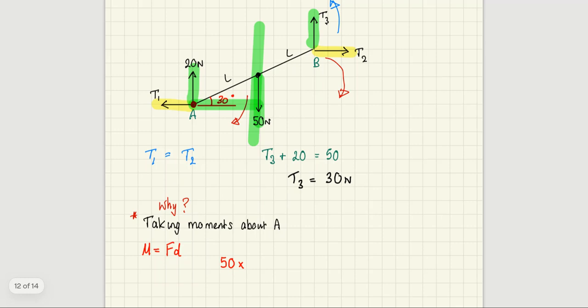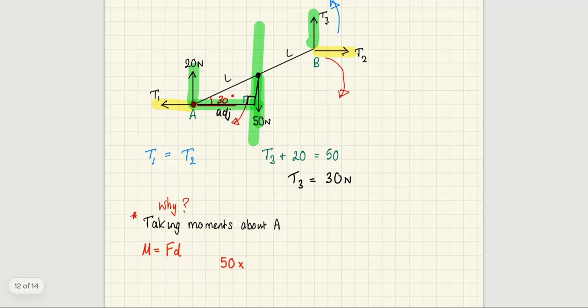What is that distance? Well, this distance along the rod is L, that takes me to the center of mass. This is a right angled triangle. We don't know L, but what can we write? This is the adjacent side.